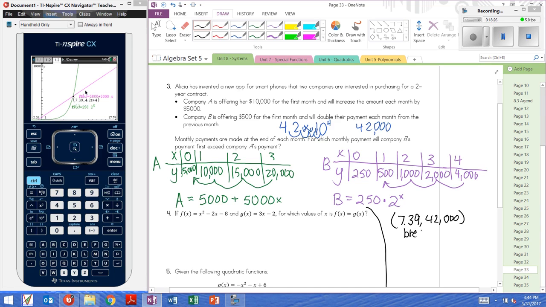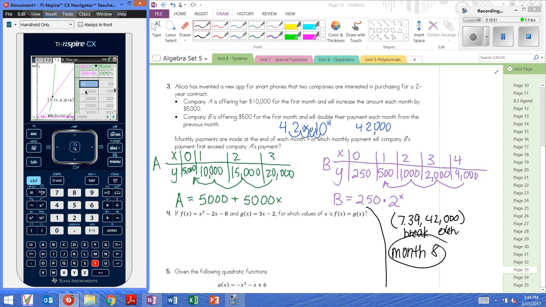So let's put break-even. So the break-even point would be right after the 7th month. So really, what month payment will be higher than A? That would have to be month 8.